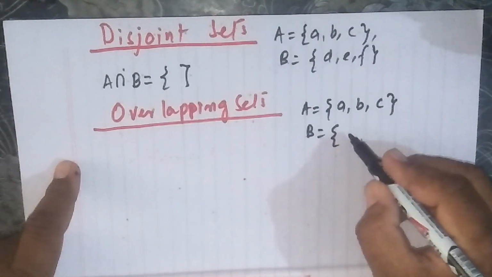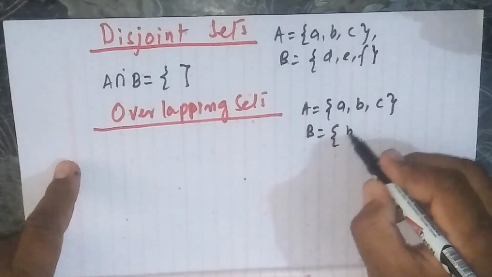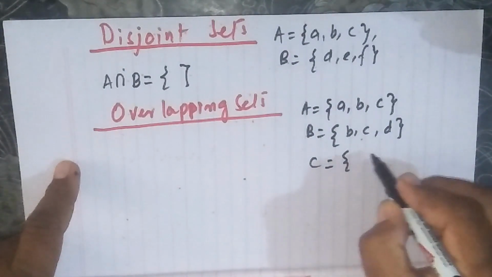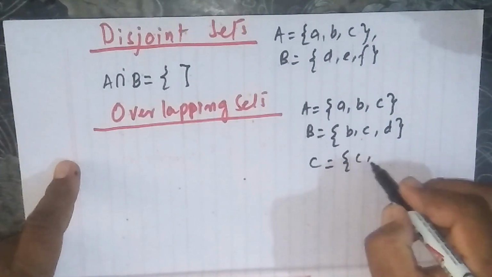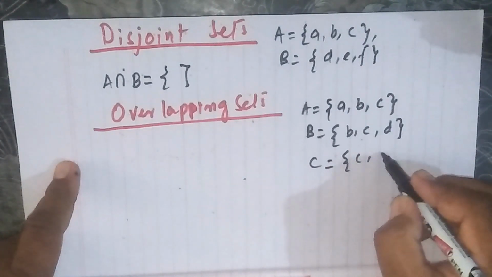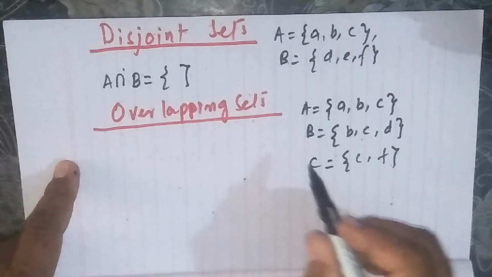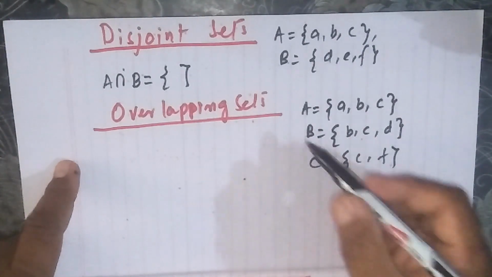For example, A is A, B, C, B is B, C, and D, and C is C and F. So both A and B, and A and C are overlapping sets.